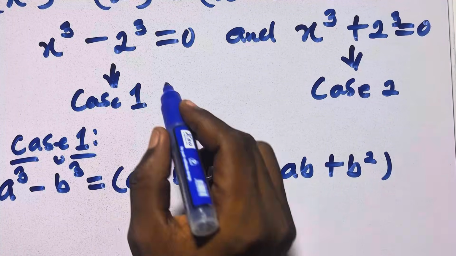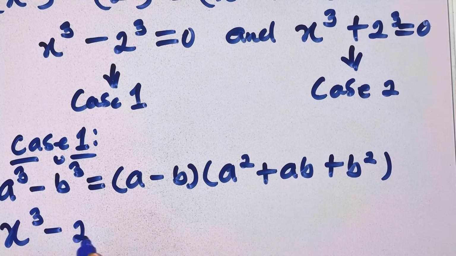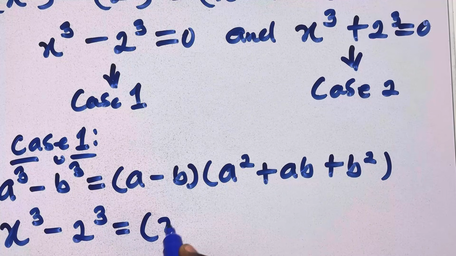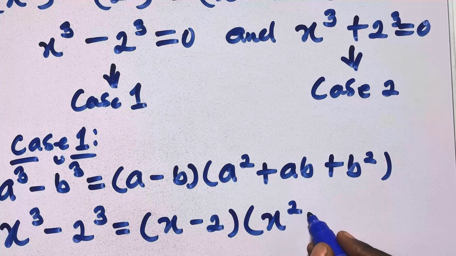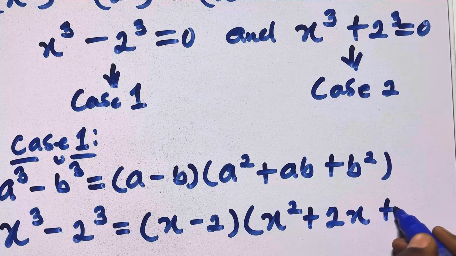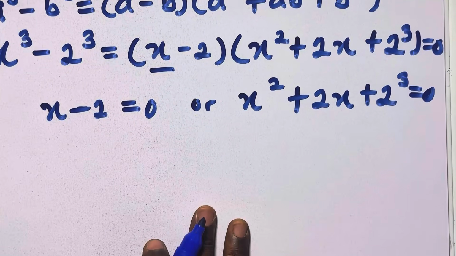Applying this to what we have here, x raised to the power 3 minus 2 raised to the power 3 is equal to x minus 2, multiplied by x squared plus 2x plus 2 raised to the power 3, equals 0. So therefore we have x minus 2 equals 0 and/or x squared plus 2x plus 2 raised to the power 3 equals 0.